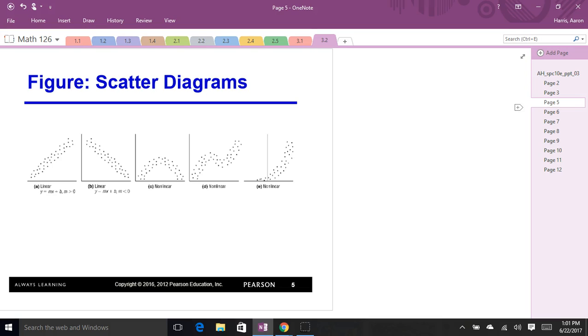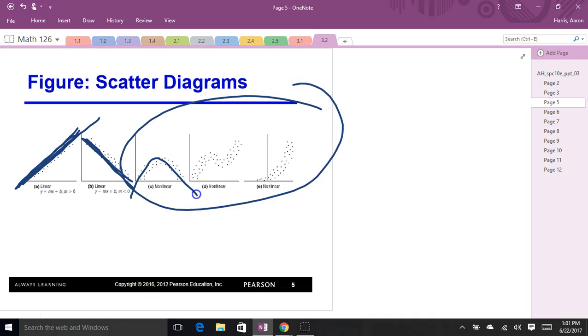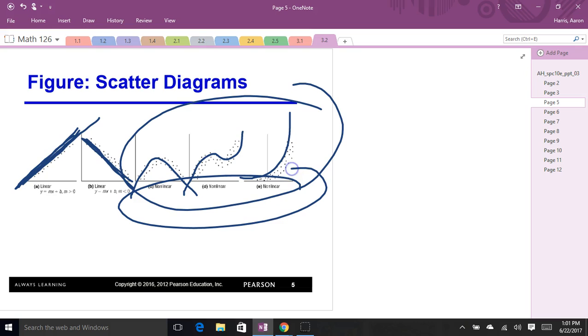So we could either have some sort of a linear pattern, where the data follows a line. Either it's increasing, like the stuff we just did, or maybe you have a decreasing linear pattern, or maybe it's nonlinear like these three. You notice this one's kind of like a quadratic, that one's more like a cubic, this one's more like an exponential, but these are all nonlinear.